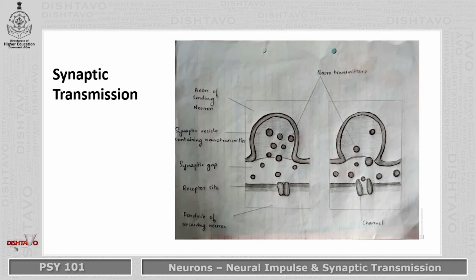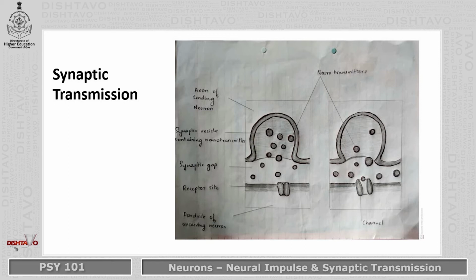So you see the synaptic sac, which contains little dots that are neurotransmitters. You also see in the receiving dendrites that there is a channel which is closed. Now, the moment the neurotransmitters are released into the synaptic gap, a signal is sent to this channel of the receiving dendrite to open it up.